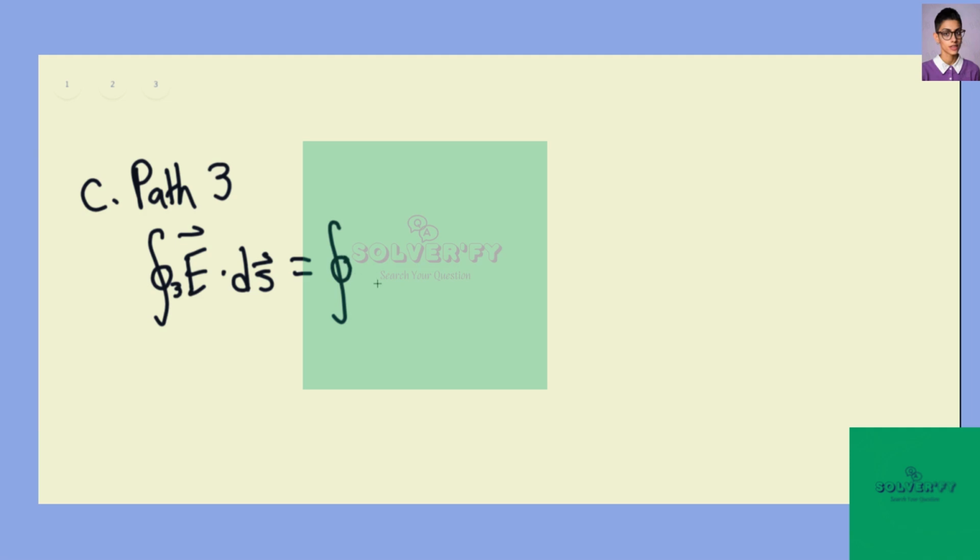And finally, for part C, we have path 3, and this is just going to be the difference between A and B. So we have path 3 would equal path 1 minus path 2.